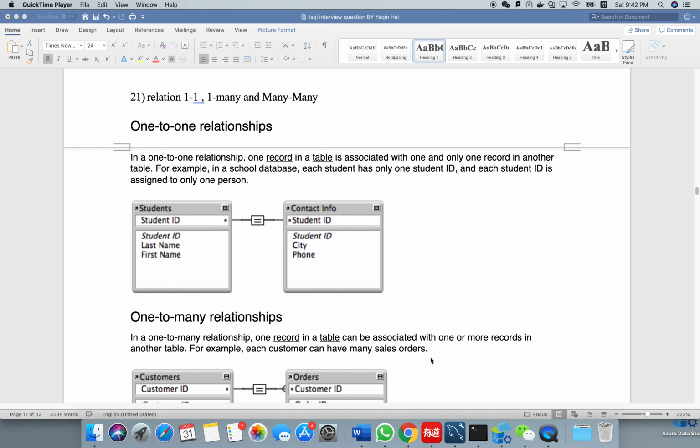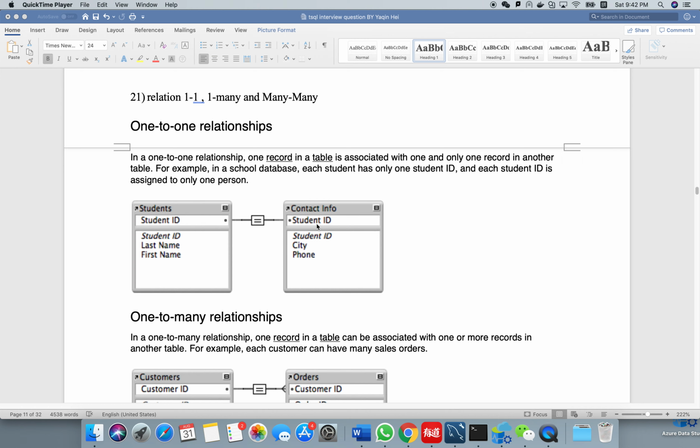21. Relationship: one-to-one, one-to-many, and many-to-many. For a one-to-one relationship, both talk about two tables. For example, for every row of one table, it has only one row matched in the other table.